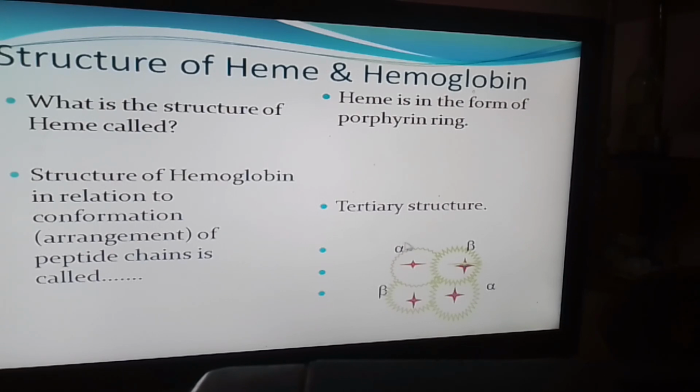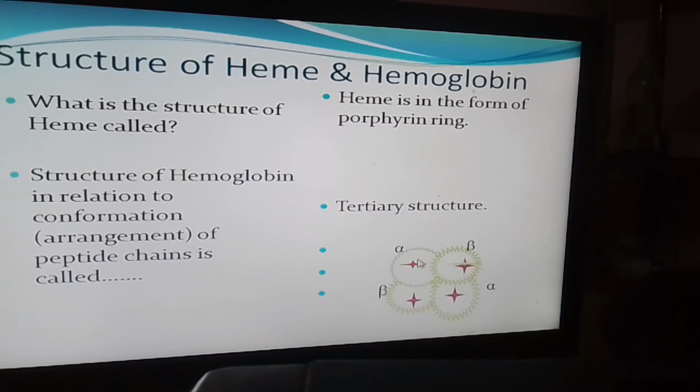So here primary structure, you say a simple straight peptide chain. Conformation, that is the shape or the appearance of the peptide chain. Accordingly, here it is a tertiary structure.